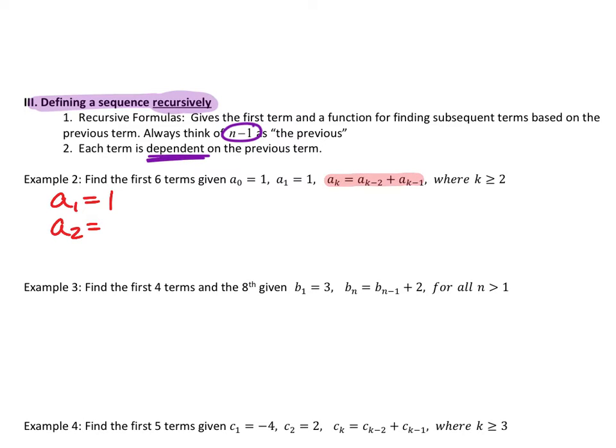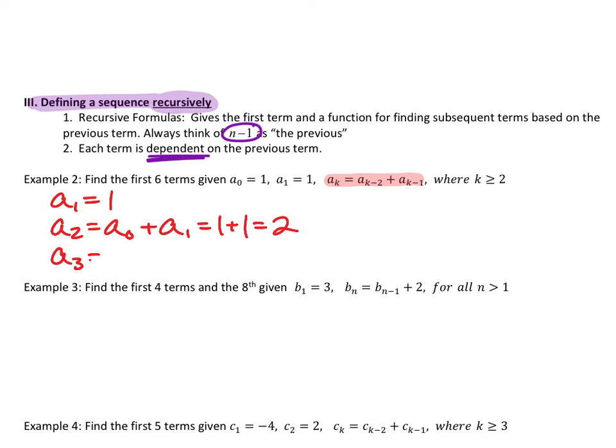This formula says a sub k minus 2, so that's 2 previous, and a sub k minus 1, which means the previous. What I mean is, if we want to find a sub 2, we're going to find a sub 2 minus 2, which is a sub 0, and a sub 2 minus 1, which is a sub 1. Well, they gave me both of those. A sub 0 is 1, and a sub 1 is 1, so a sub 2 is 2.